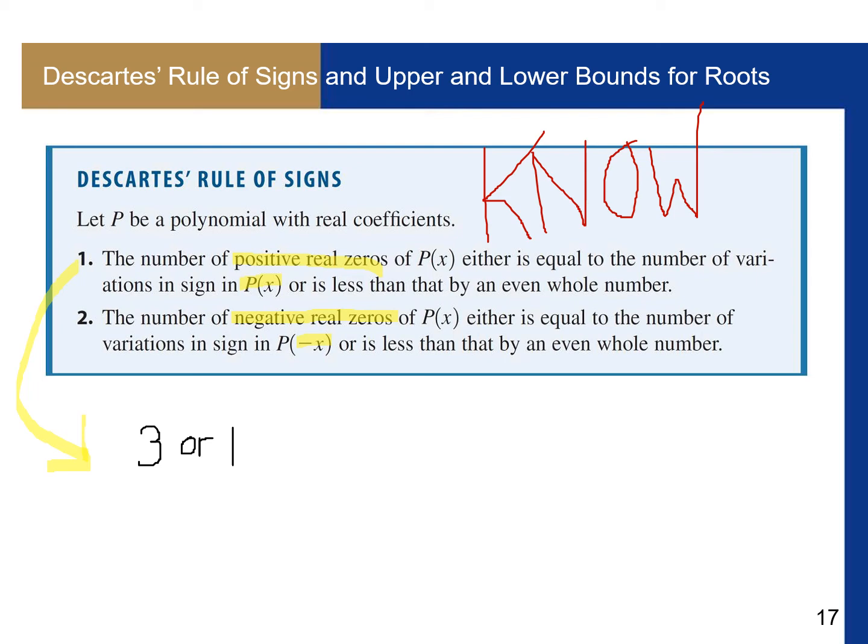Now you might be thinking, why do I want to do this? Well, let's say you have about 20 different numbers to check to see if they're solutions, which is not even a big amount when you're using what we're looking at here. If I get 3 positive numbers to work, I can eliminate all my other positive numbers that I have in my list, and that saves me time.